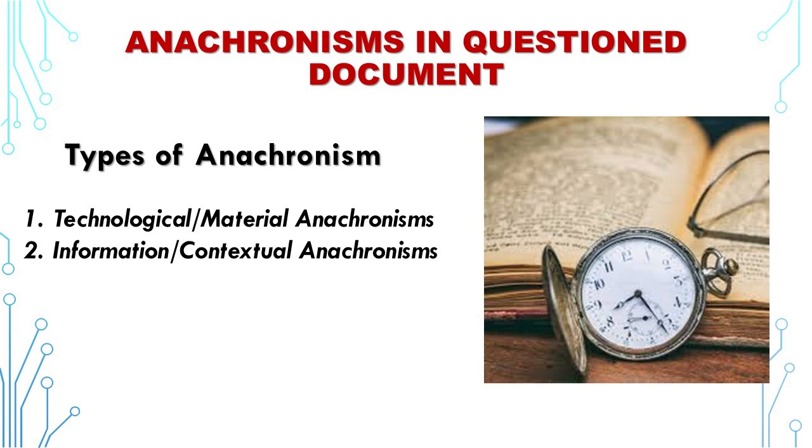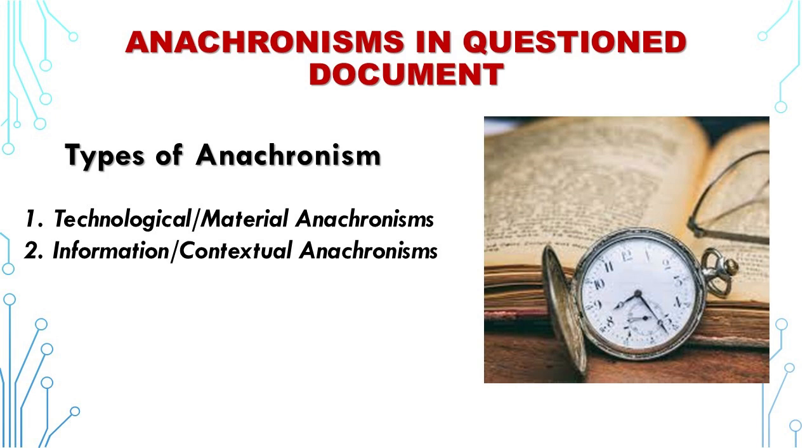An anachronism in question document examination occurs when an item or a component found on a document exists at a time that is inconsistent with the date the document claims to have been created.